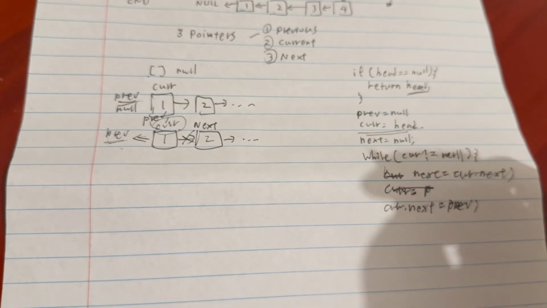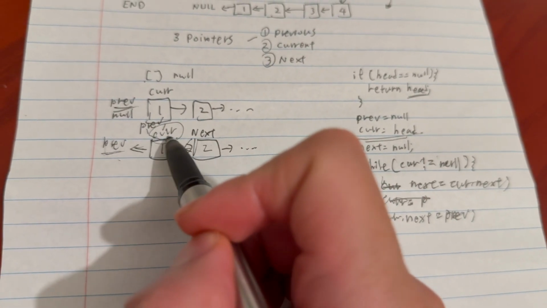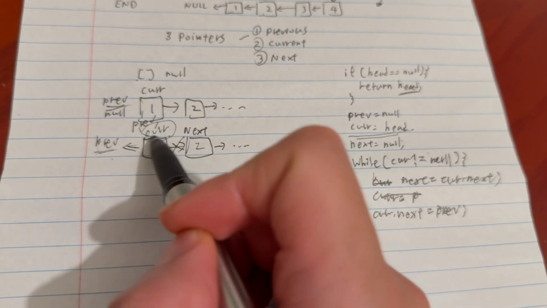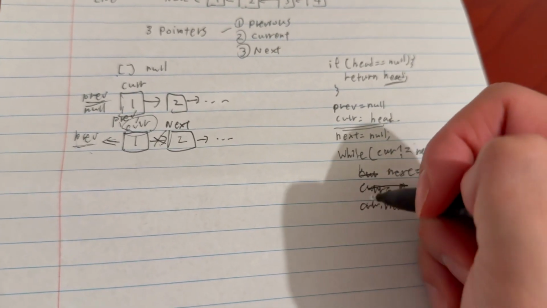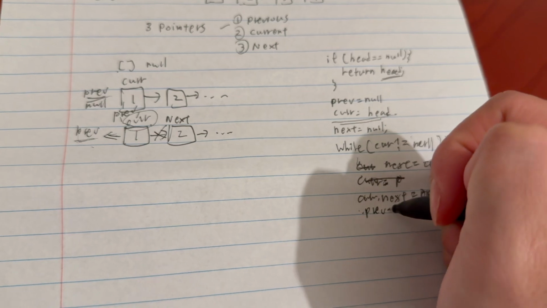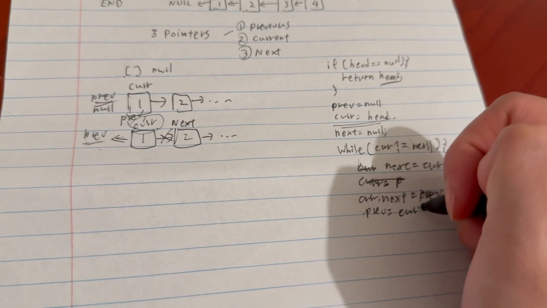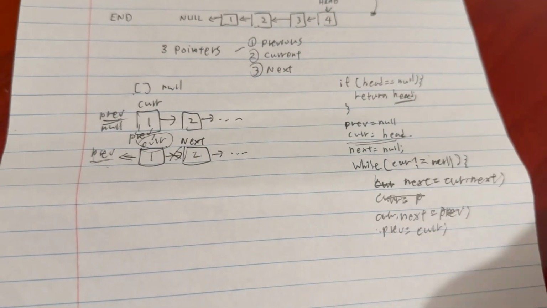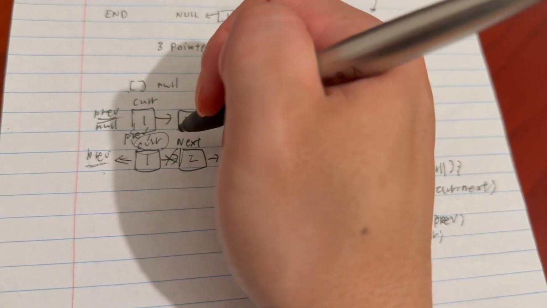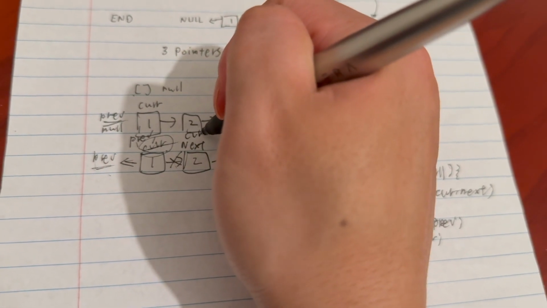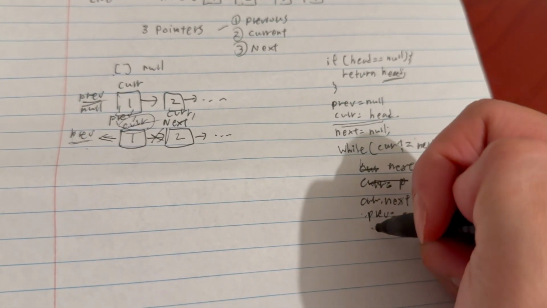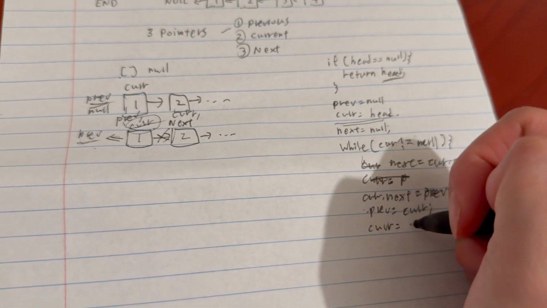So previous is current, temporarily pointing at the same thing. We are moving up the previous one, and then current is going to be, at the end of it, pointing to the same as next.